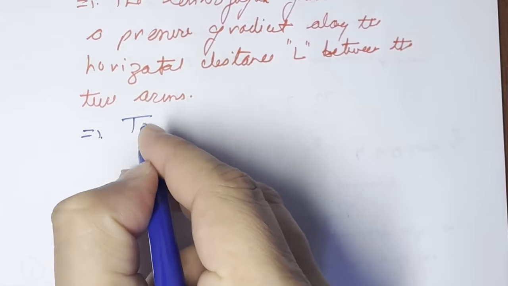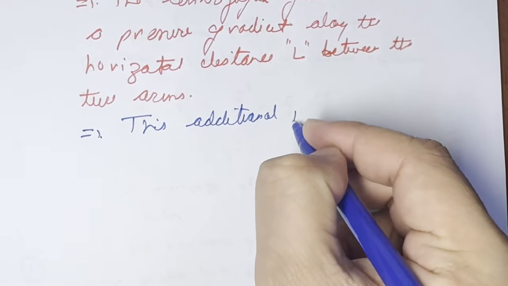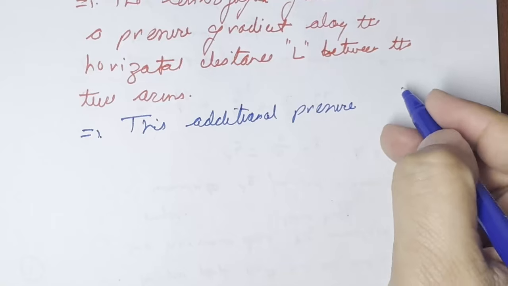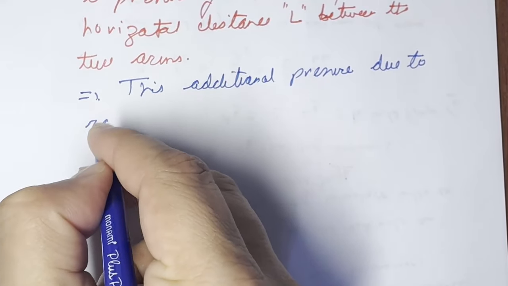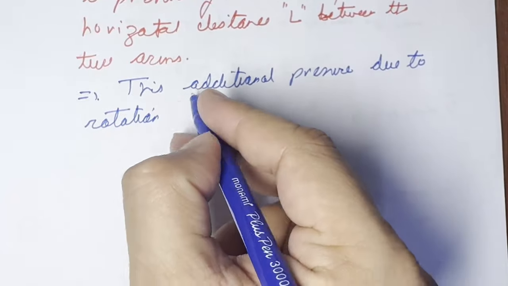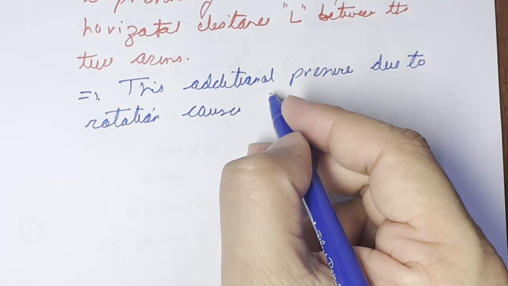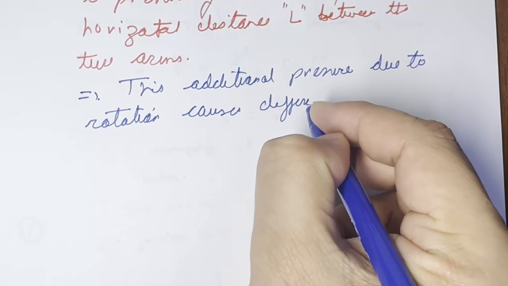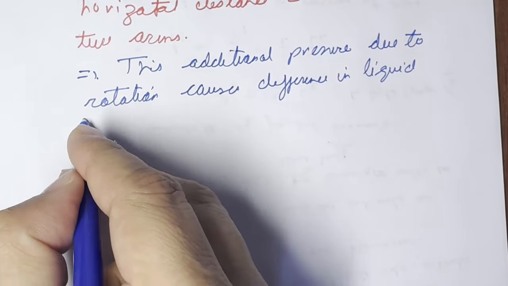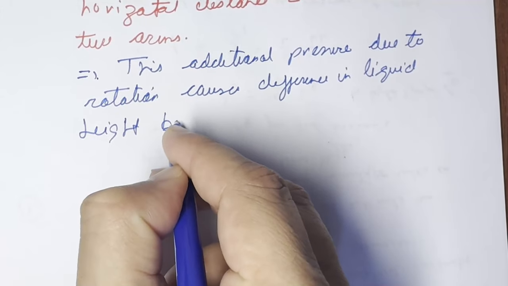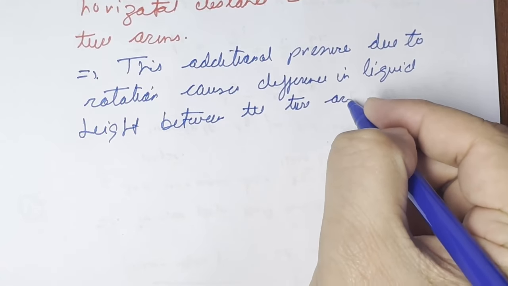This additional pressure due to rotation causes a difference in liquid height between the two arms.